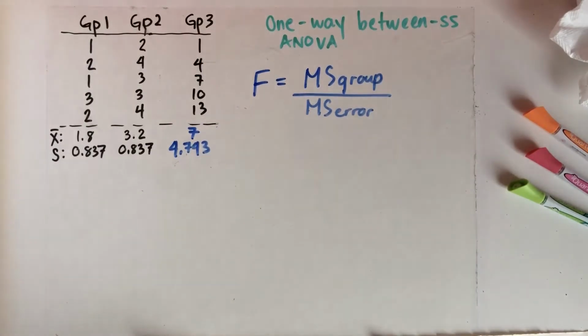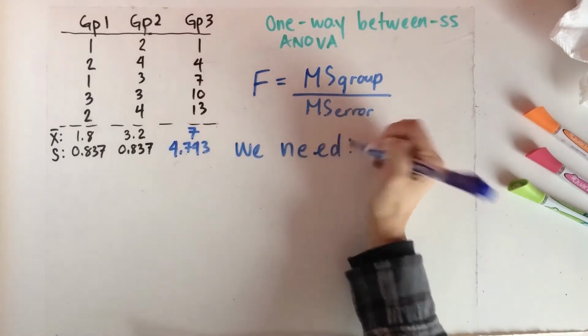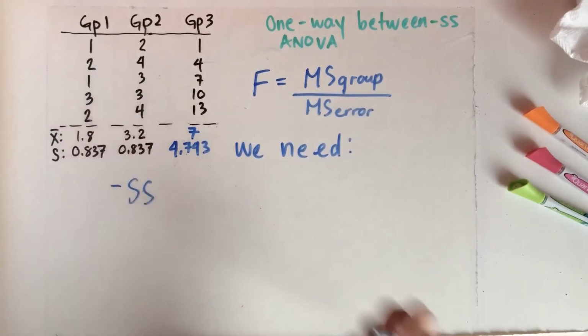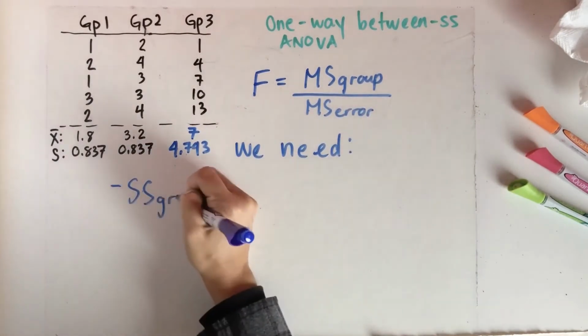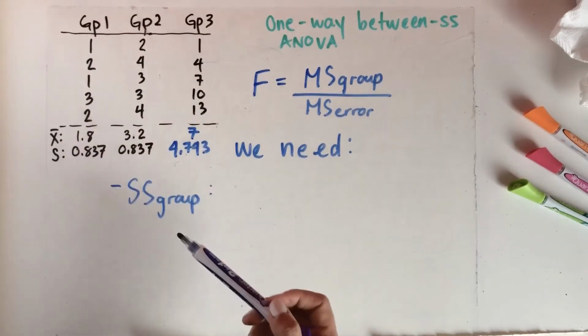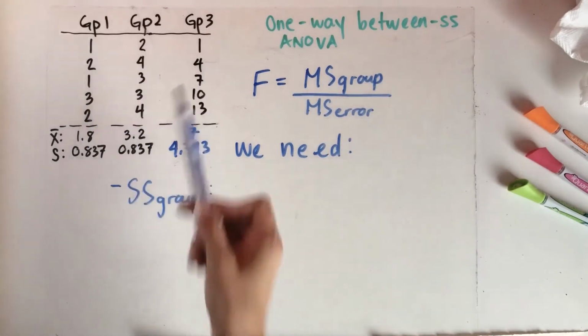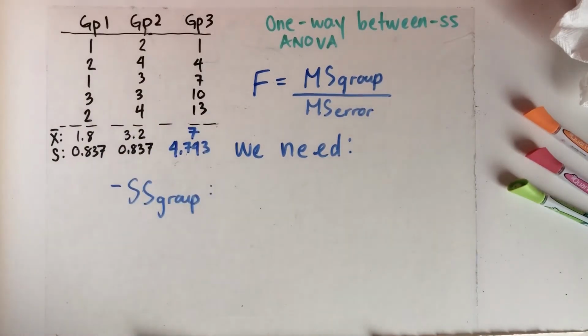So in order to compute this F ratio, we need the following. We need the sum of squares group. We need to know how much variance in the scores can be accounted for by the fact that the groups themselves are different, that our manipulation is causing variation in the scores.